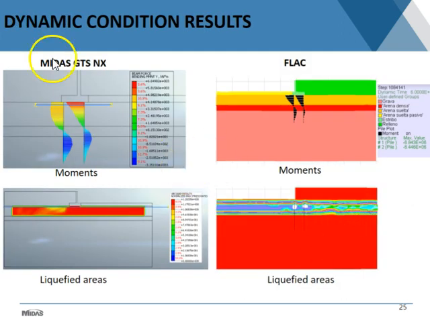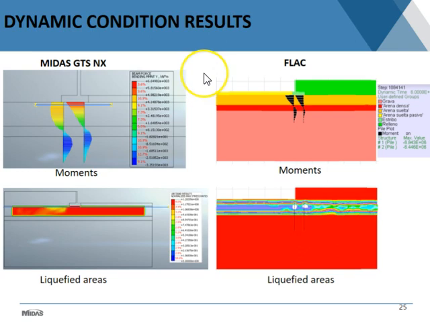Now, if you look at the comparison between the Midas 2D and the FLAC 2D model, and this is dynamic, okay, this is not purely kinematical, this is real shaking. If you look at the maximum bending moments developed in Midas and in FLAC, you see first of all that the distribution of bending moment along the piles is very similar, and also the difference between one model and the other is not that large.